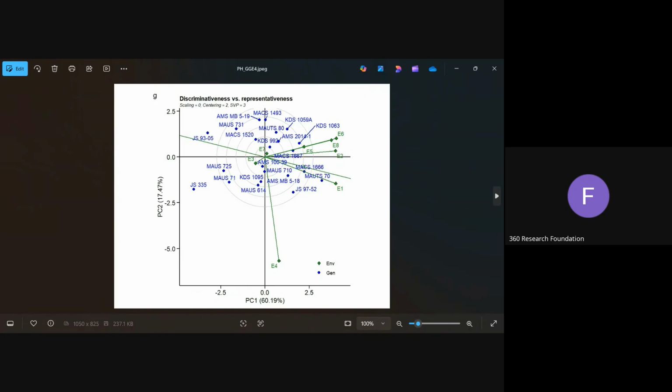And is there any use for E4, or can we simply discard that E4 environment? We can discard it because no genotype is lying close to that particular environment. If any genotypes were there, then that genotype may be adaptable to that particular environment for the crop.